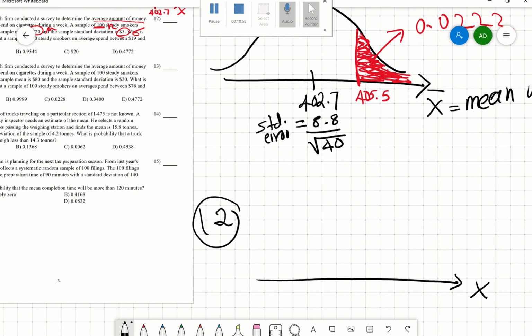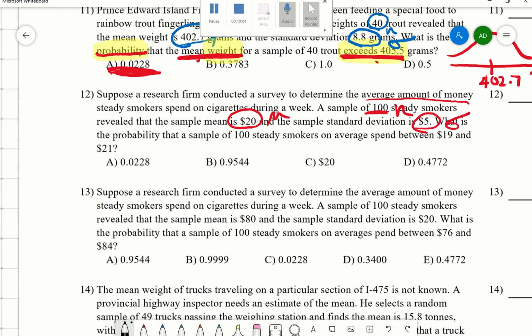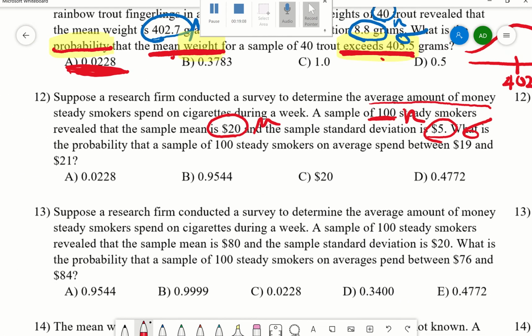So number 12, let's draw the picture. Again I'm going to emphasize the same thing up here. It's asking what's the probability a steady smoker on average spends between 19 and 21. So this is X bar, right?